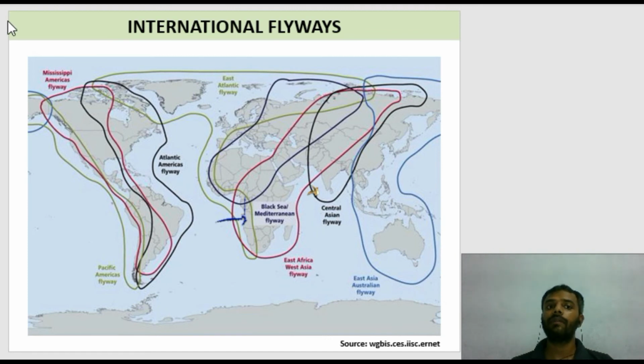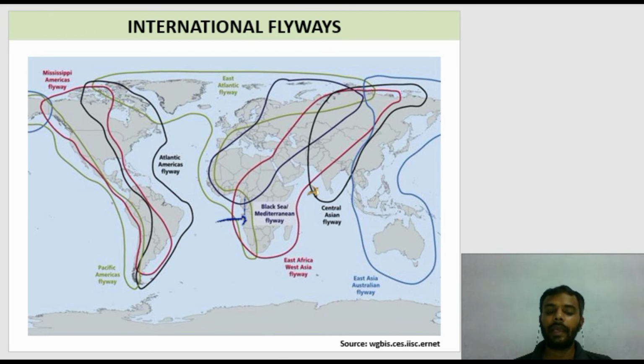Whenever we talk about the migratory species, we should know about the international flyway of the species, from where to where they are going to migrate. There is one species which is called Arctic tern. Arctic tern migrates the whole year from Arctic to Antarctic.